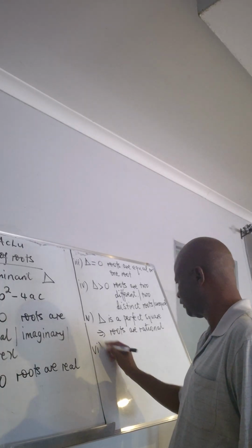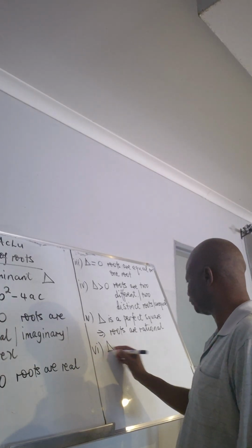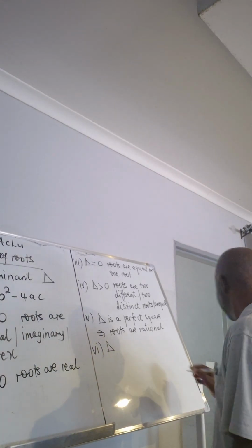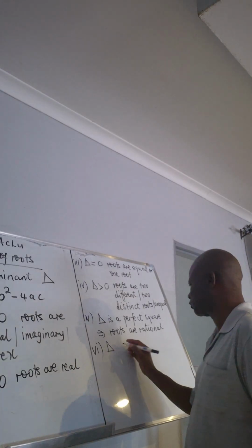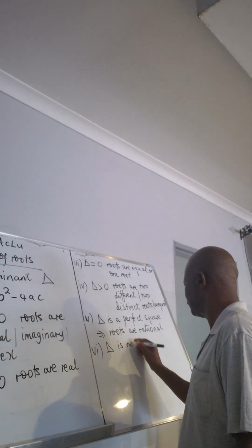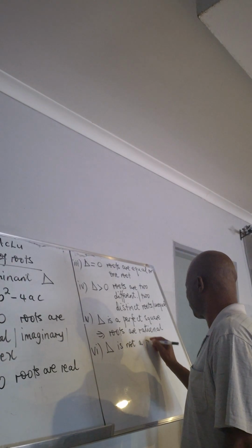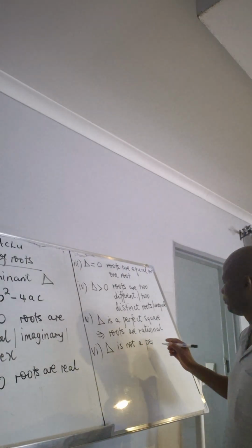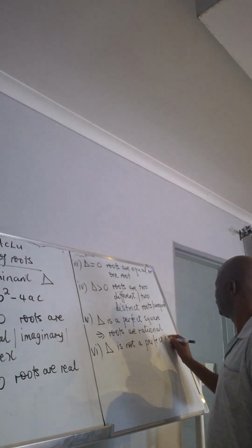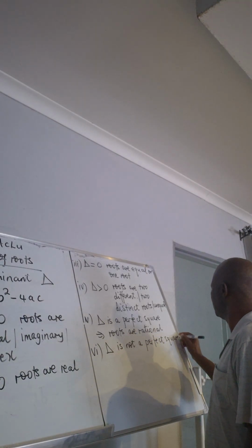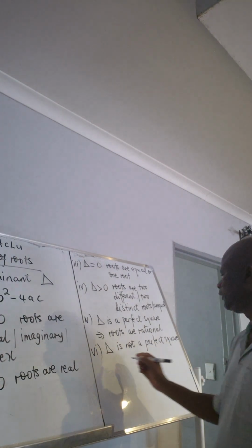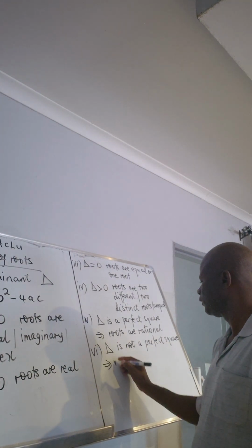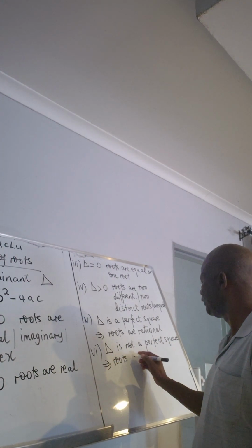Number 6: you calculate your delta and you find that delta is not a perfect square. And we know what we mean by perfect square. What does it mean? It implies roots are irrational.